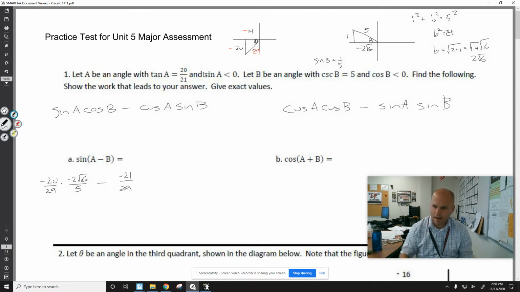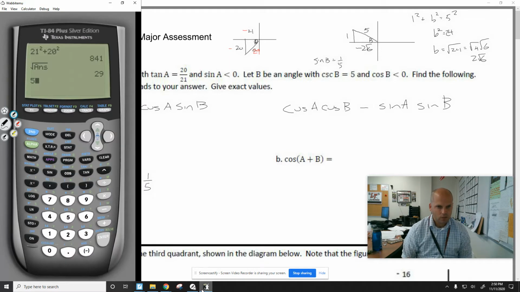Sine B, opposite over hypotenuse, 1/5. Okay, double check. Sine A, negative 20 over 29. Cosine B, adjacent over hypotenuse, negative 2 root 6 over 5. Minus cosine A, negative 21 over 29. Sine B, 1/5. Okay, cool.